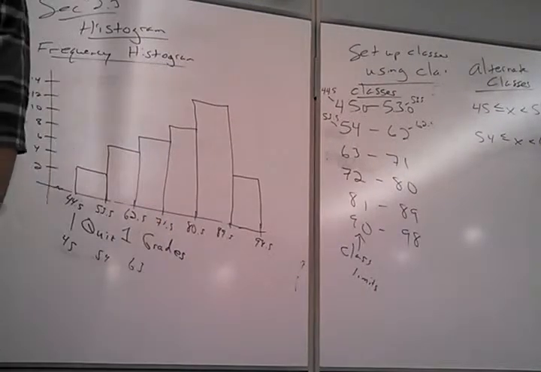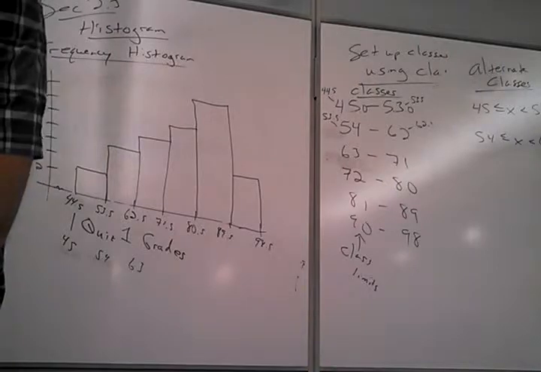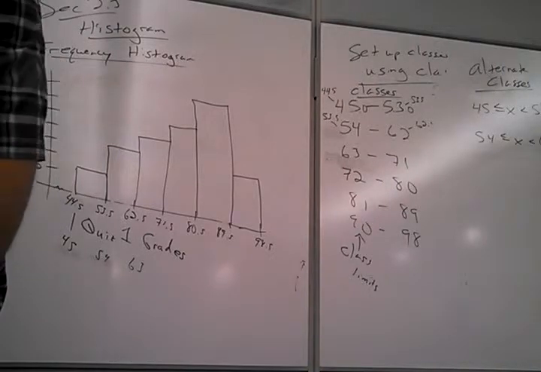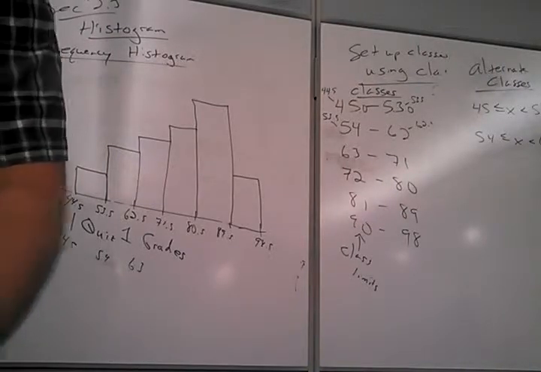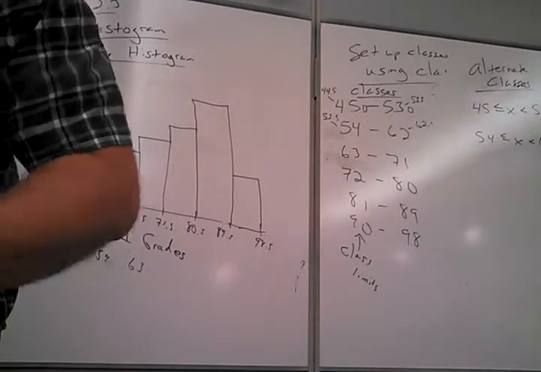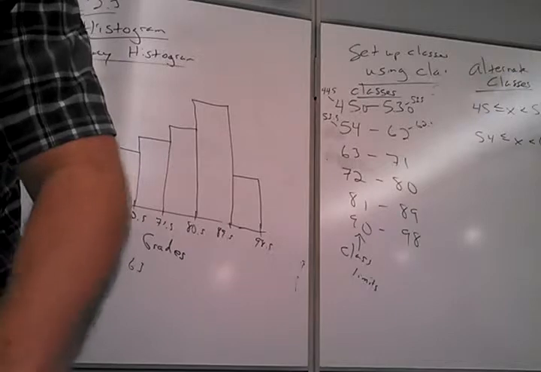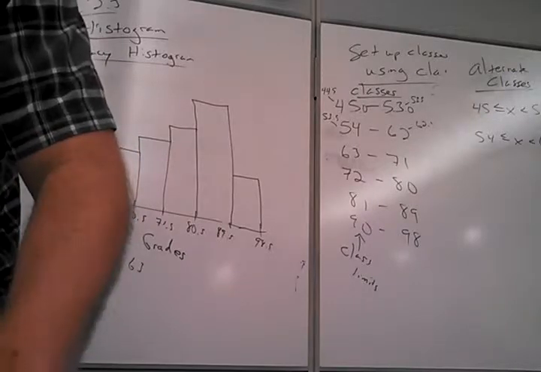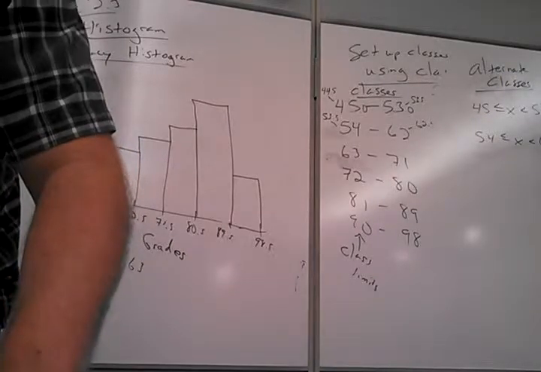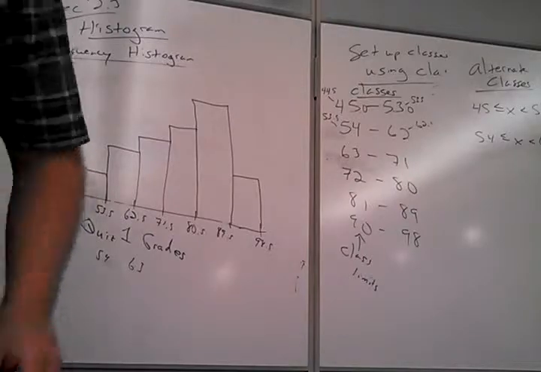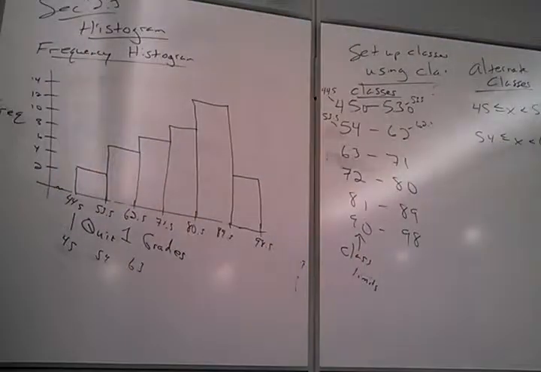So what I want you guys to do, let me find something for you real quick. It would be nice if I could find some data that's in order. I'll tell you what, I'm going to make up a list of data and put it on the board, and I want you guys to do the table and the histogram for it.